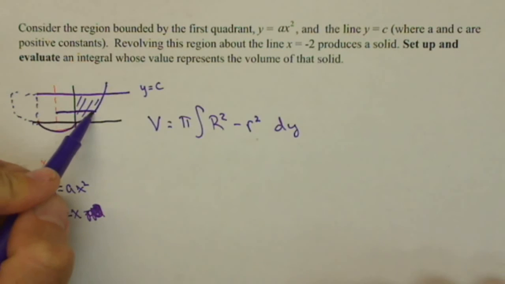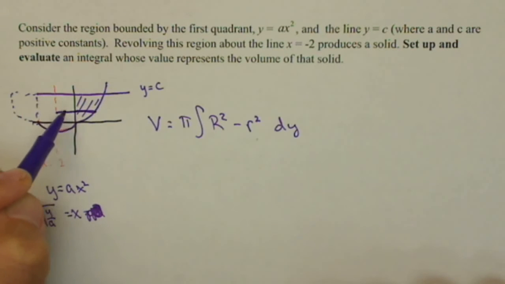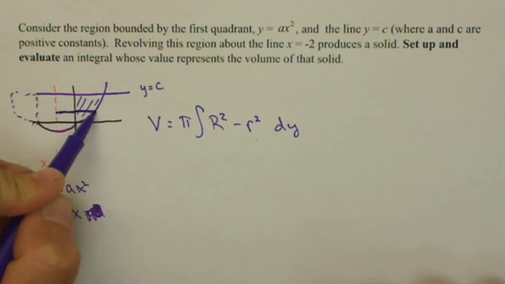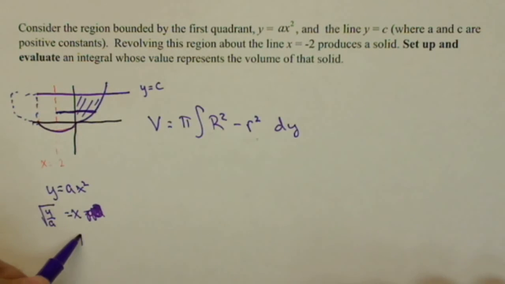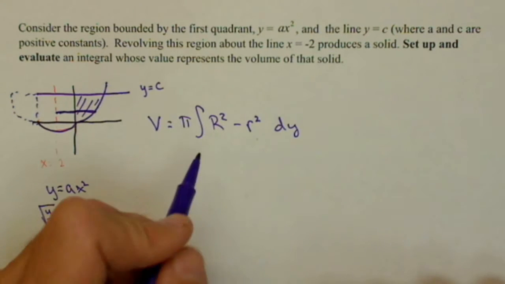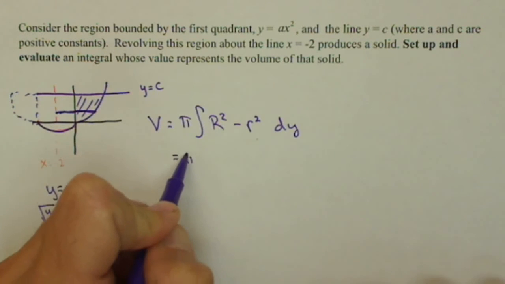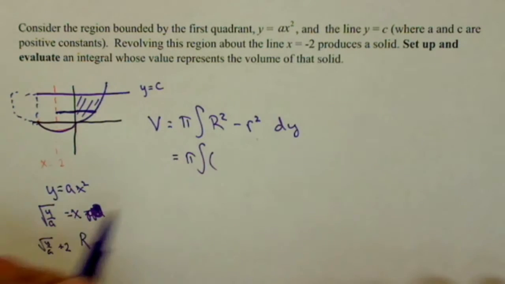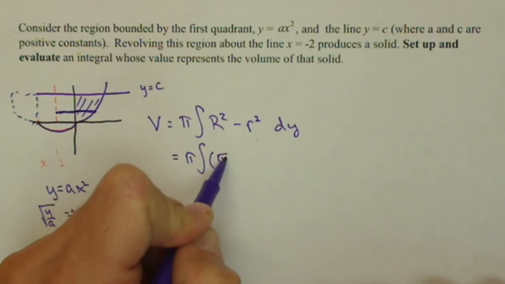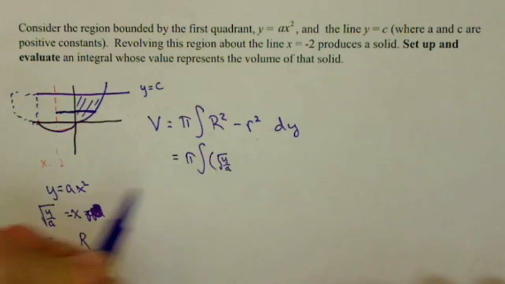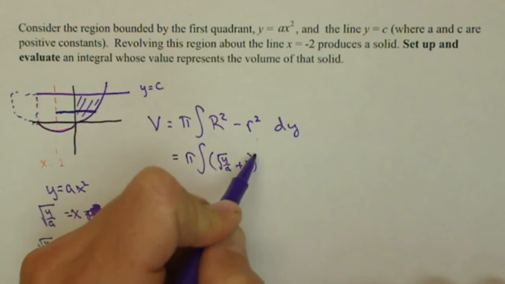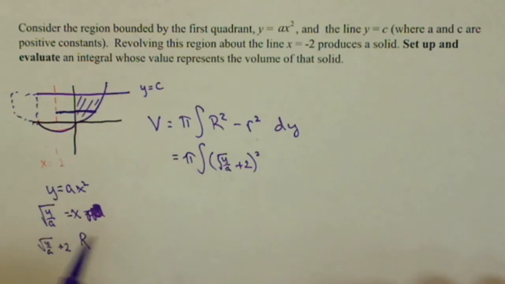Our big R, that's the distance from here to the y-axis, and then we had to add another 2 on there. So our big R is square root of y over a plus 2. So we're starting to put this thing together. So square root of y over a plus 2, that quantity squared, that's our big R.